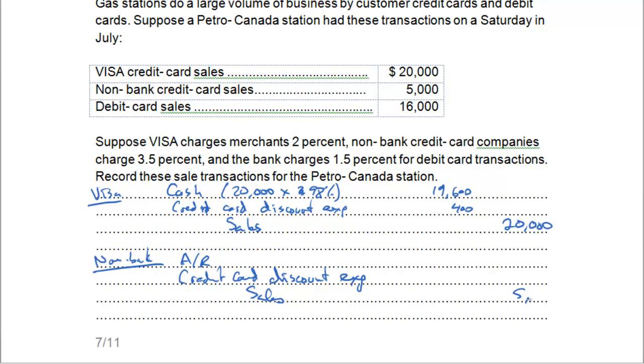Sales was $5,000, at 3.5%. So the credit card discount expense is 3.5% of $5,000, which is $175, and that leaves us $4,825 going to accounts receivable.